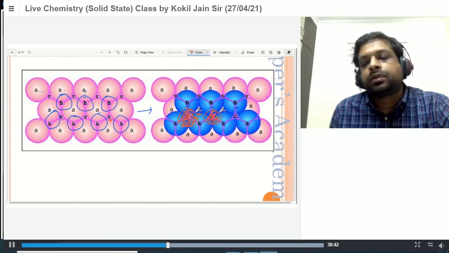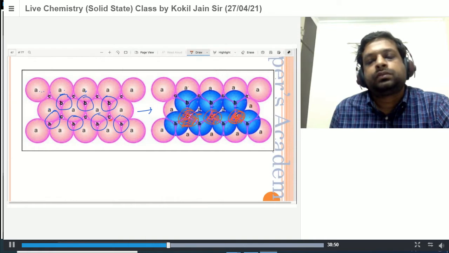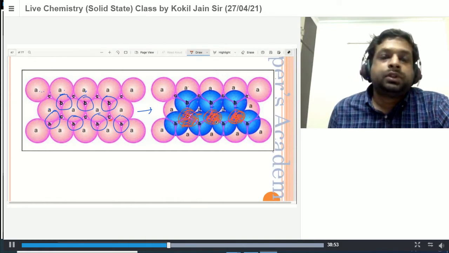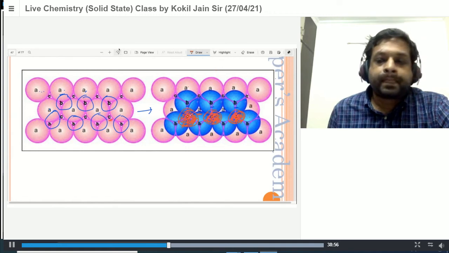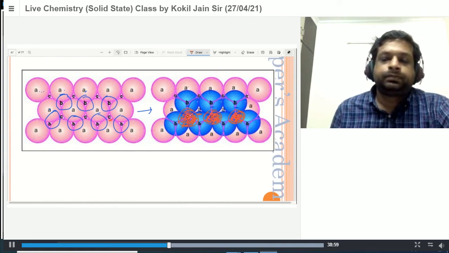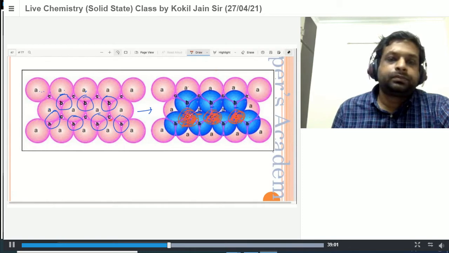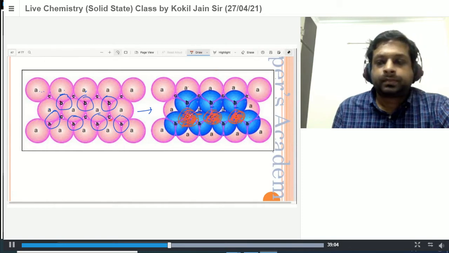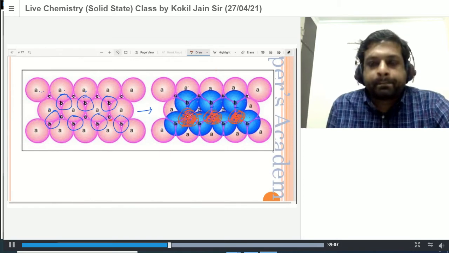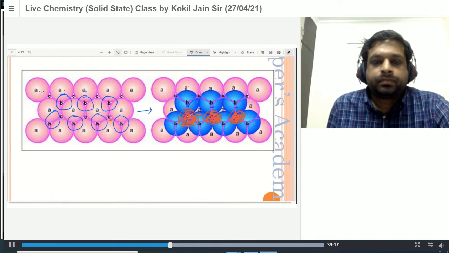Now see, above this type of two-dimensional arrangement, we can see two types of void spaces.